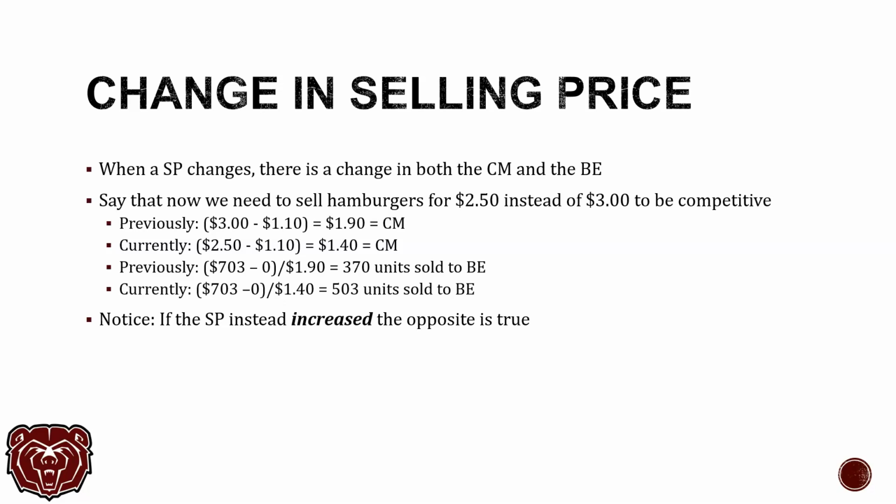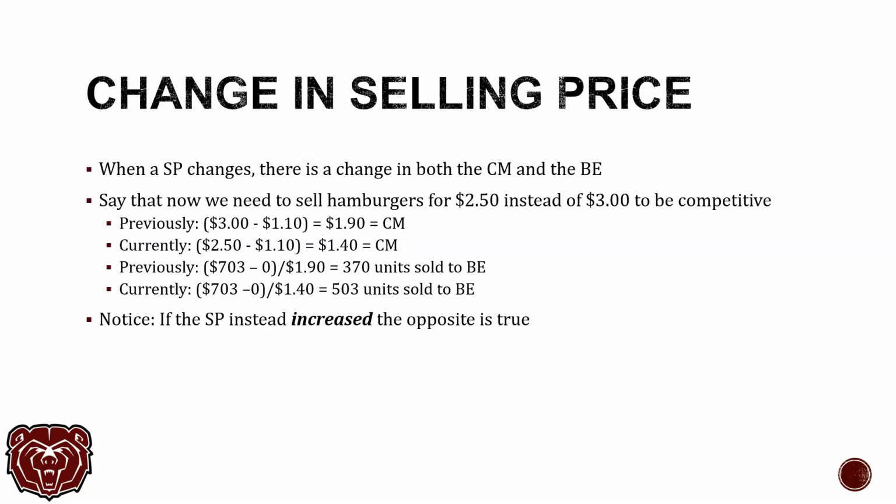So previously, doing our break-even calculation for units, we saw that we would need to sell 370 hamburgers to break even, to make $0 and to lose $0. If we have to decrease the selling price to $2.50, we're now going to have to sell 503 hamburgers to break even instead of just the 370.